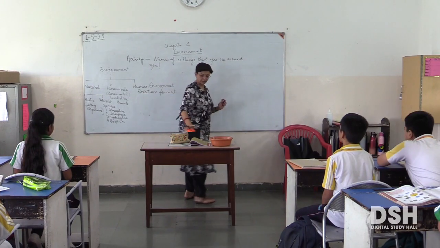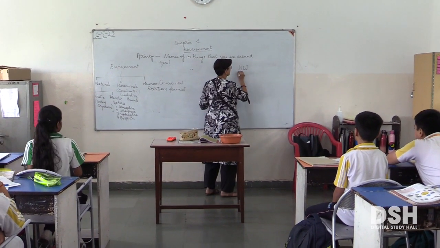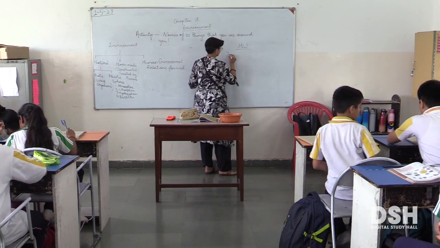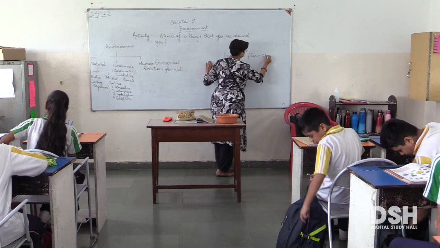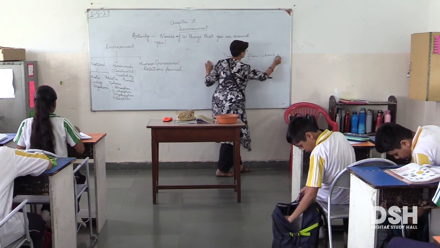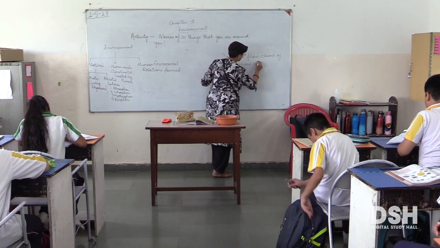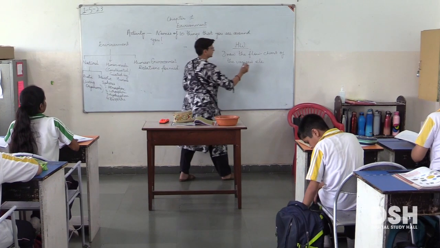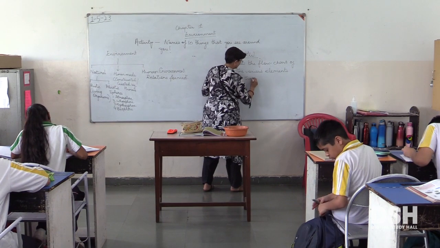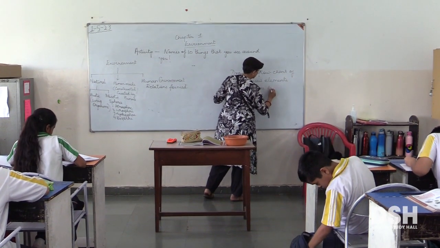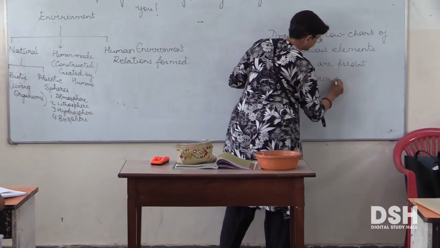Alright, beta, just write the homework with me so that we remember that we have to do this. Draw the flow chart. Various flow chart of the various elements that are present in our environment.